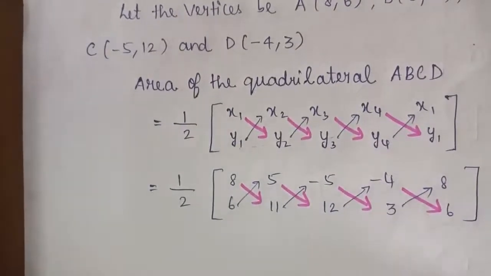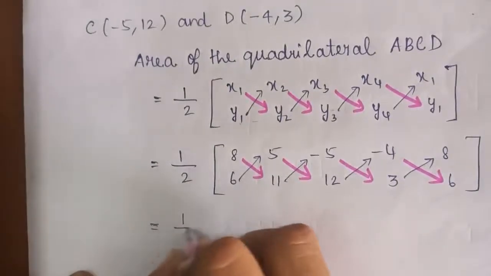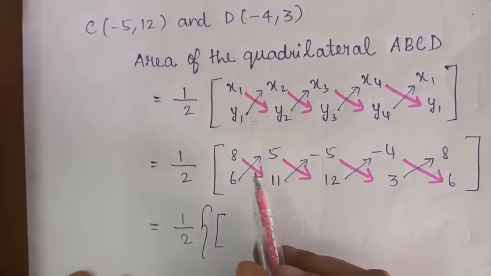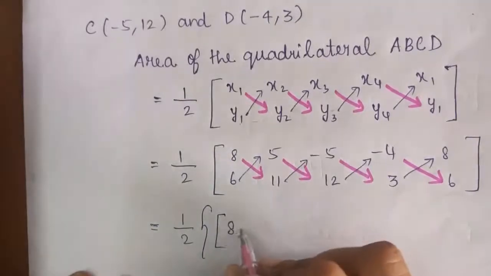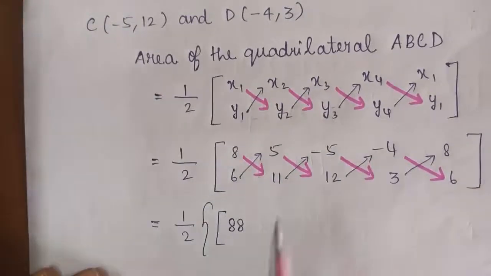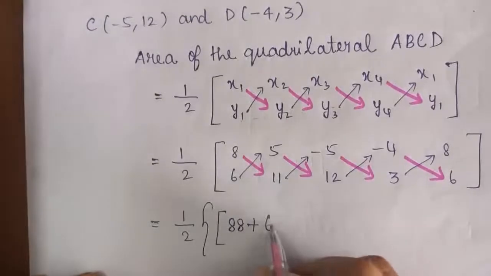Next step is to do the multiplication, which is equal to 1 by 2 into 8 into 11, 88, plus 5 into 12 is 60.